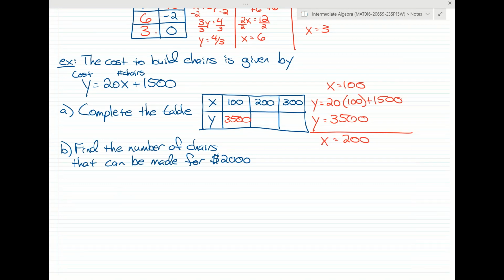If x is 200, 20 times 200 plus 1500 is 5500.